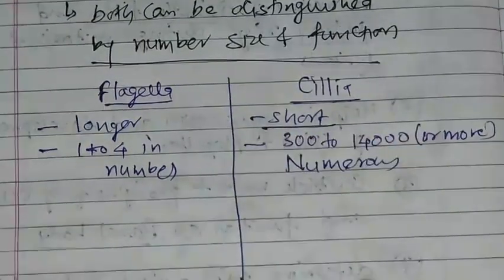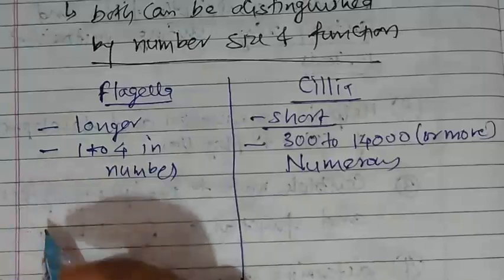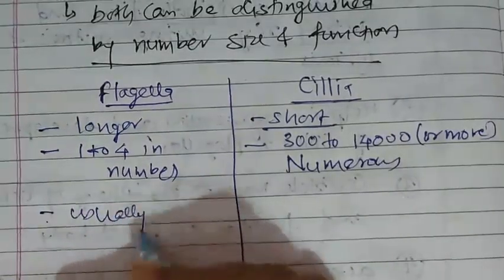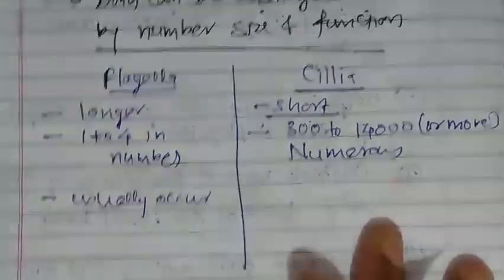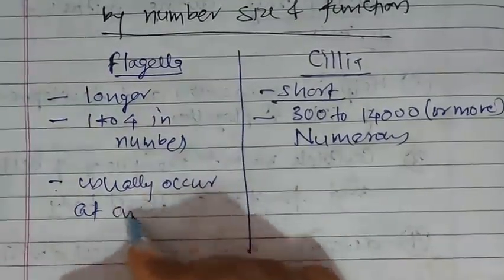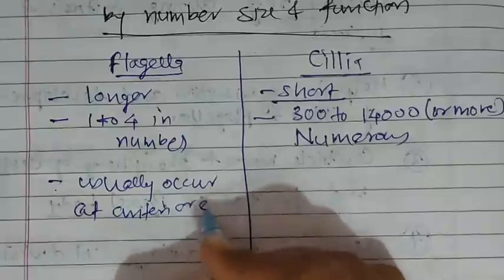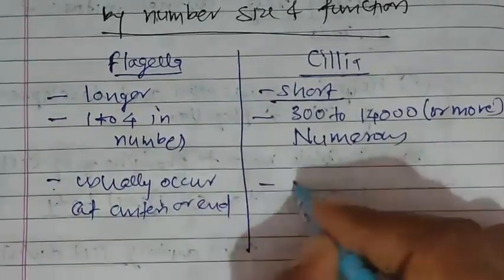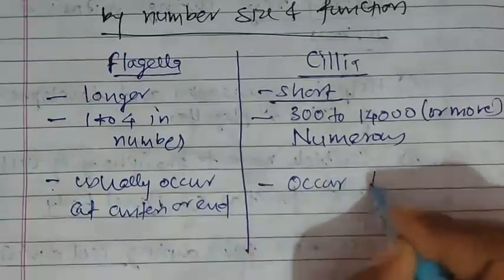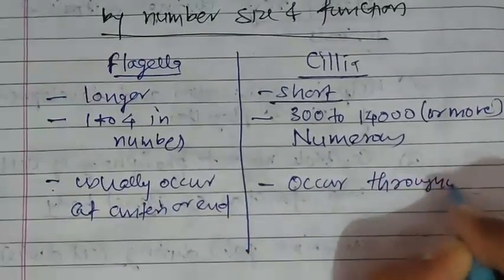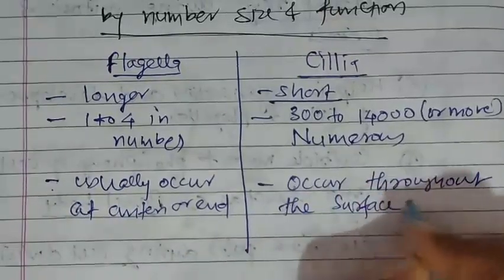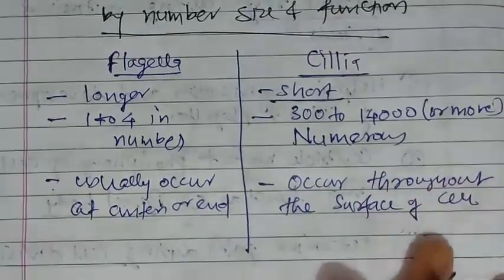Flagella usually occur at the anterior end of the cell, while cilia may occur throughout the surface of the cell.